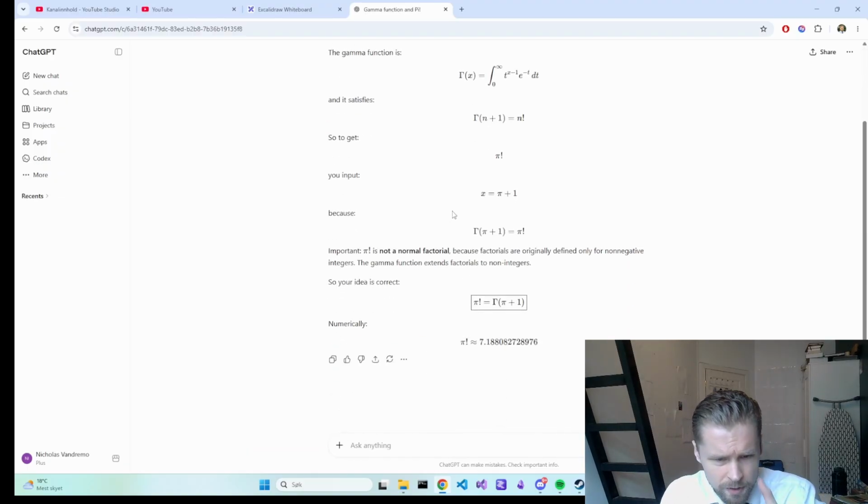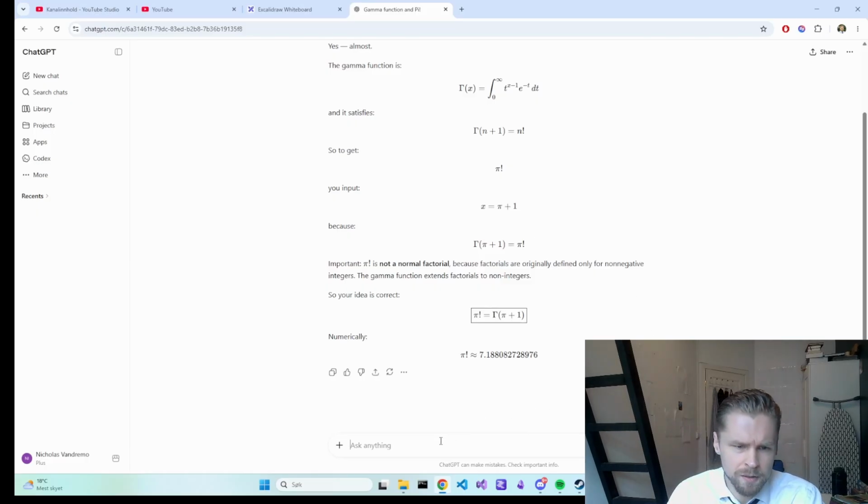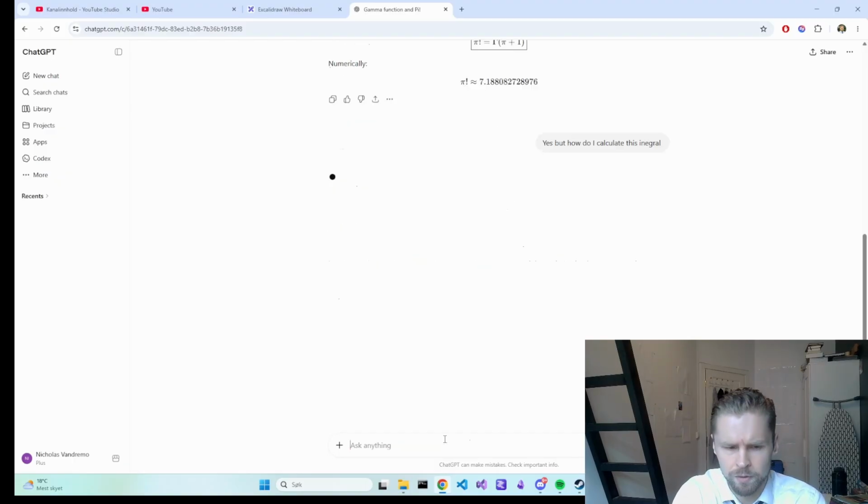All right, so well, at least it's saying something. Now pi is not in normal factorial because factorials are originally defined only for non-negative integers. Yes, well, that we knew, but this function should allow us to. But how would I calculate this integral, or solve it?